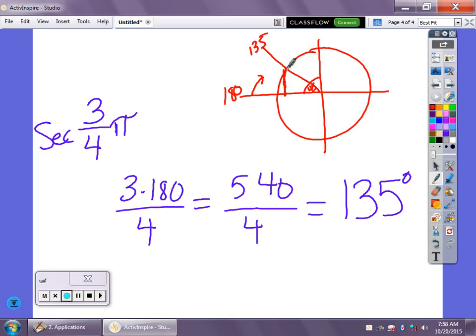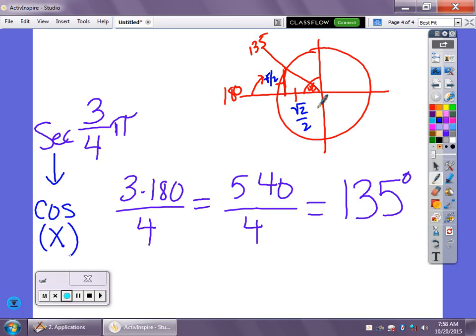Okay, build my triangle. Okay, we love this one because two of the sides are the same. Boom, boom. And the 2 of a kind means I'm going to use square root of 2. So the square root of 2 over 2, the square root of 2 over 2. Okay, so secant. Secant goes with cosine. Cosine is x.